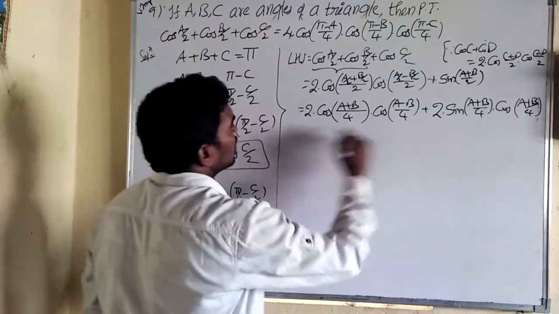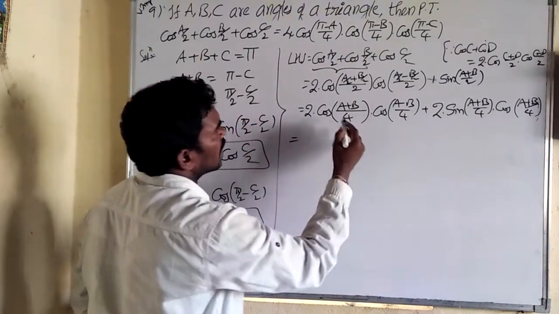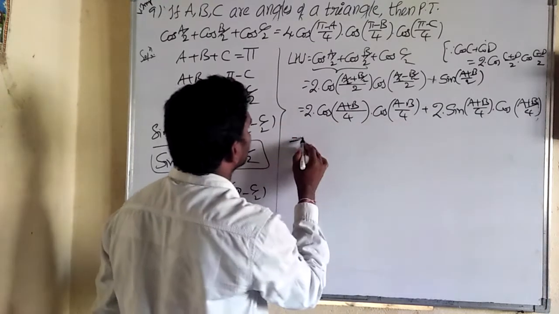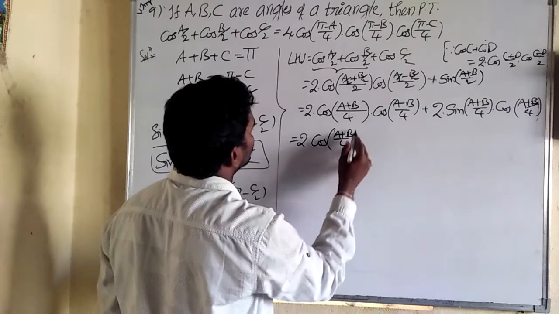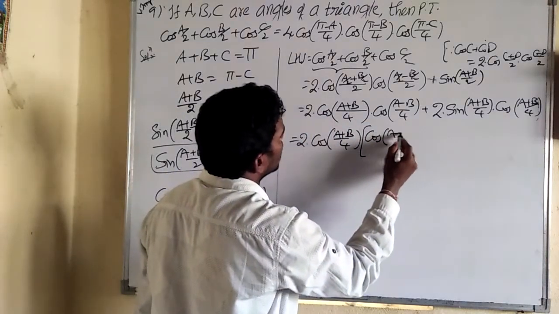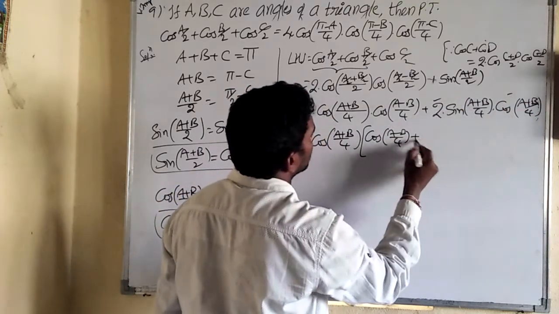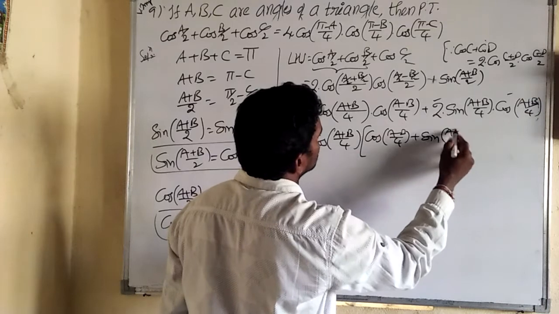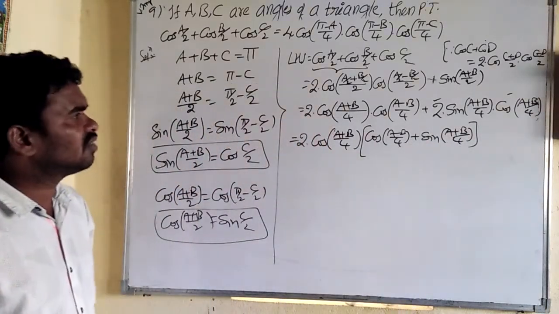Now what is common in all terms? 2 is common and cos of (a+b)/4 is common. So take 2 cos((a+b)/4) out common. Then the remaining is cos((a-b)/4), and here 2 and cos taken out common, the remaining common is sin((a+b)/4).